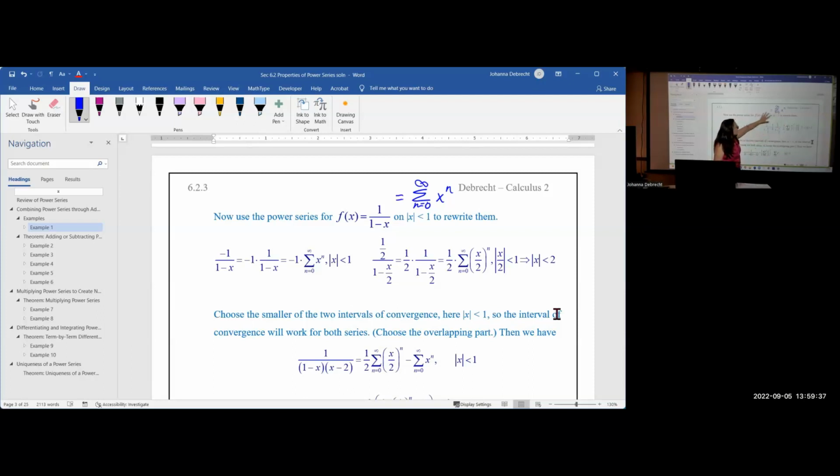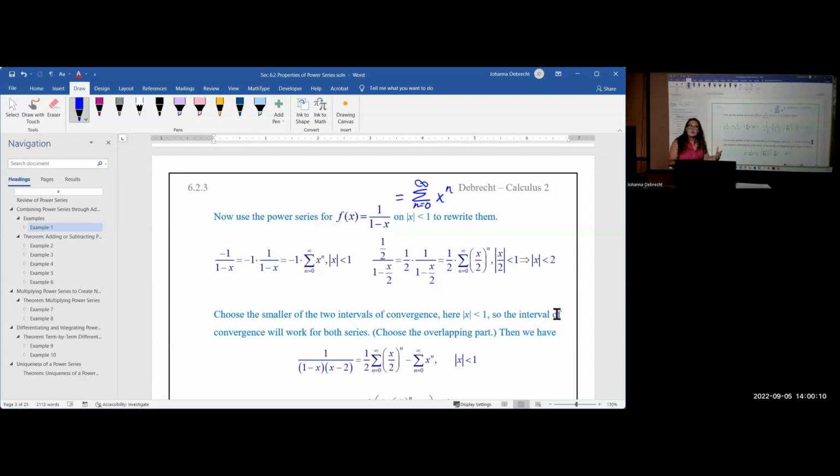And then we use the form that we see here, f of x is 1 over 1 minus x, and we do a substitution of x divided by 2 in place of x, which gives us the power series 1/2 times the series x over 2 to the n. Now this is going to be true provided that x over 2 is between -1 and 1, which basically means that the magnitude of x is less than 2. So between -2 and 2.